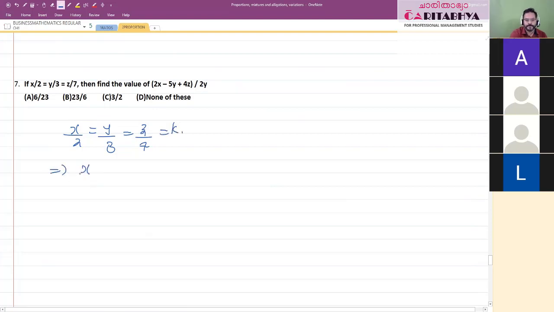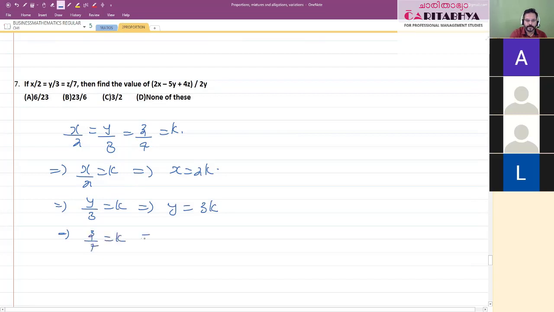That implies first ratio equal to k എടുത്താൽ x is equal to 2k. അതേപോലെ y by 3 equal to k, that implies cross multiplying y is equal to 3k. Z by 7 is equal to k, that implies z equal to 7k.